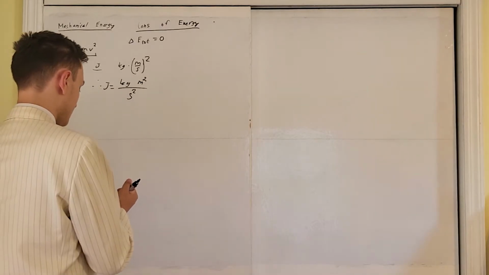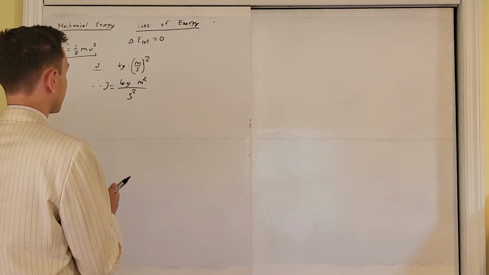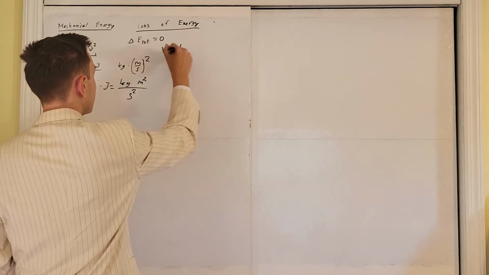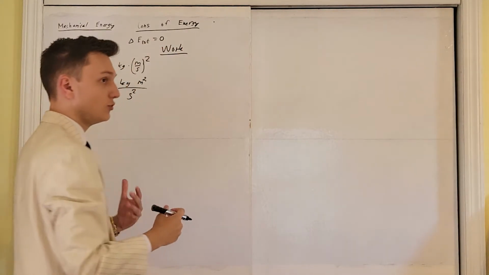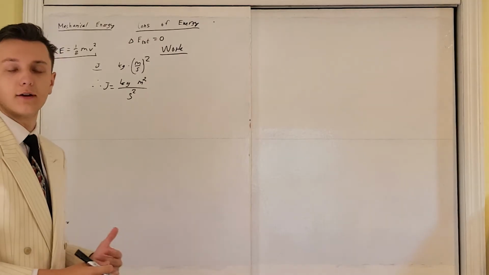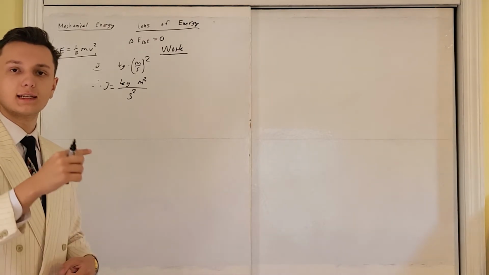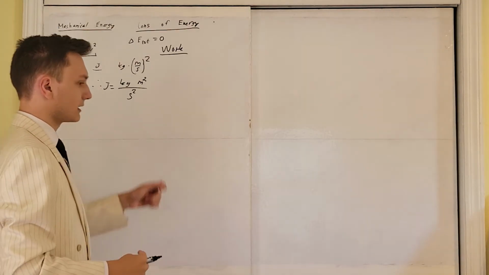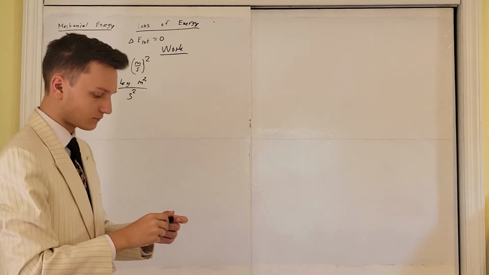Now, that leads us to our discussion of work, okay? You will recall previously that I discussed what is useful energy. Useful energy is defined as energy that is capable of doing work, okay? Now, let's discuss what work is, okay?